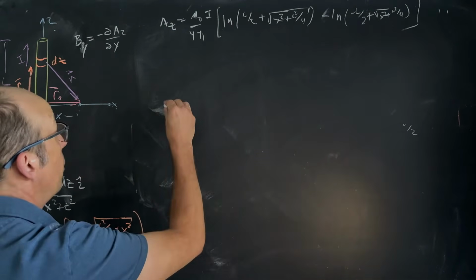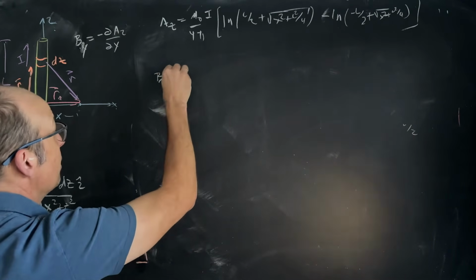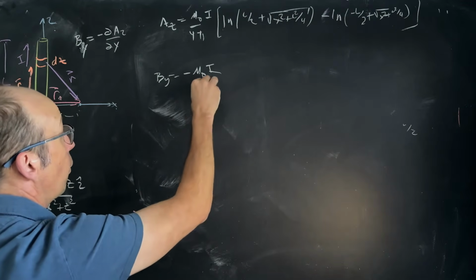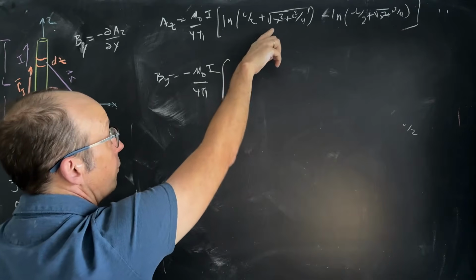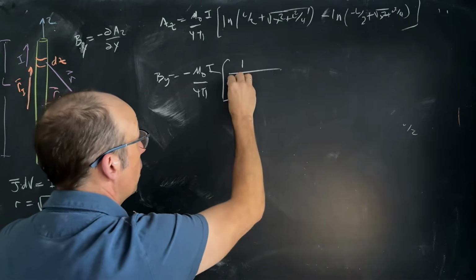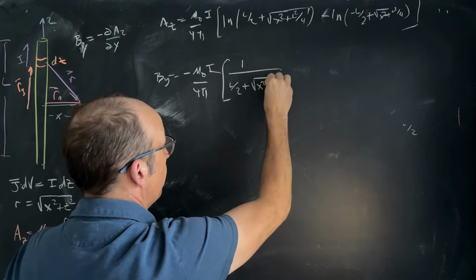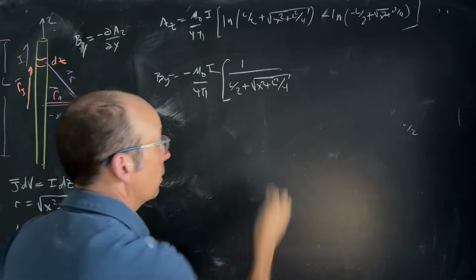So if I take the partial of this, By is negative mu naught I over 4 pi. The derivative of this is going to be 1 over that, so 1 over L over 2 plus the square root of x squared plus L squared over 4.